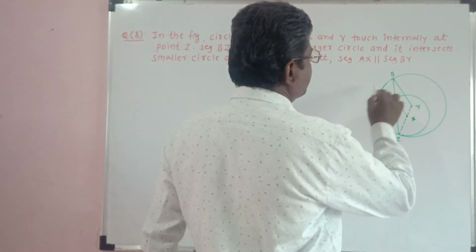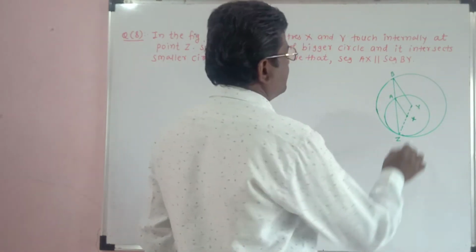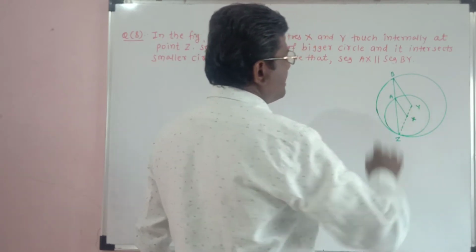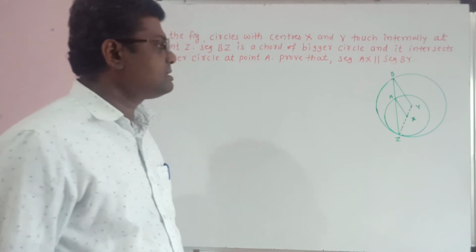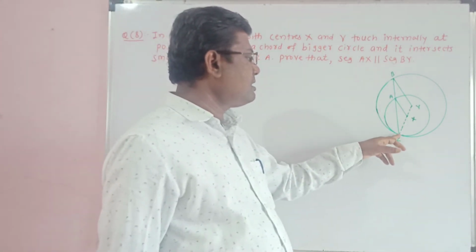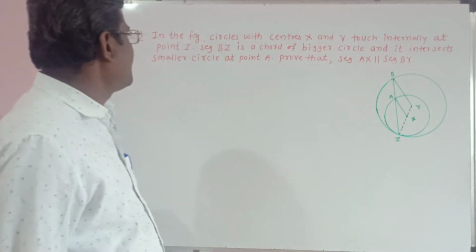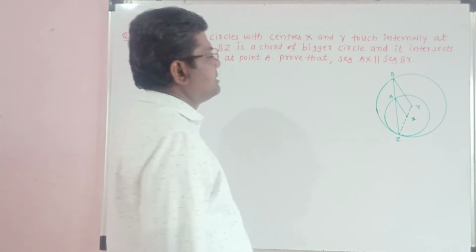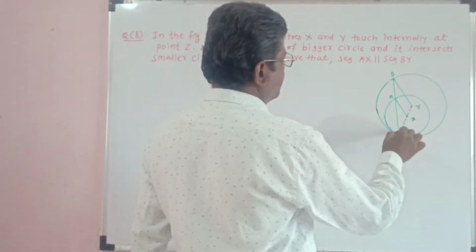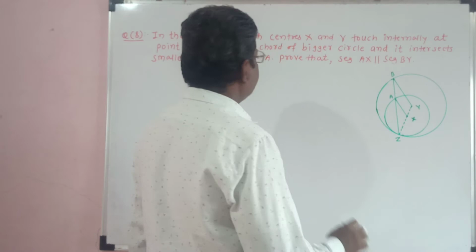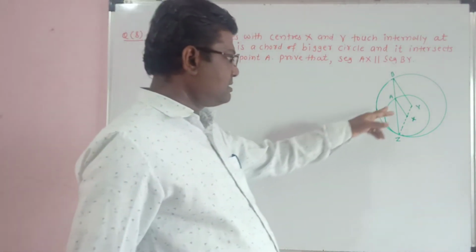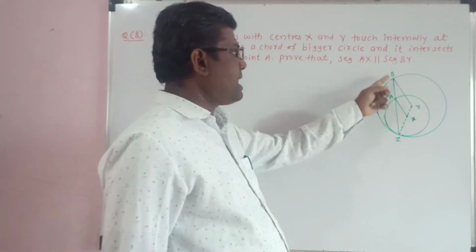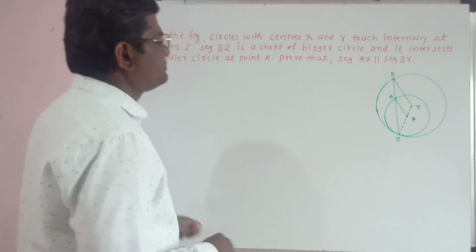This is a big circle with center Y, and this is a smaller circle with center X, and these two circles touch each other internally at point Z. Segment BZ is a chord of the bigger circle and it intersects the smaller circle at point A. Prove that segment AX parallel segment BY.